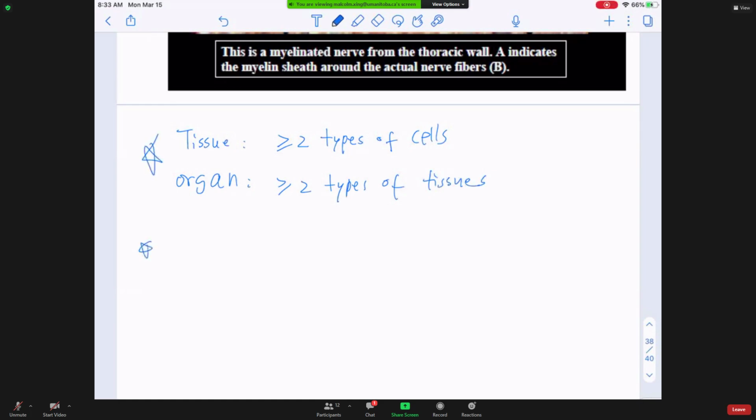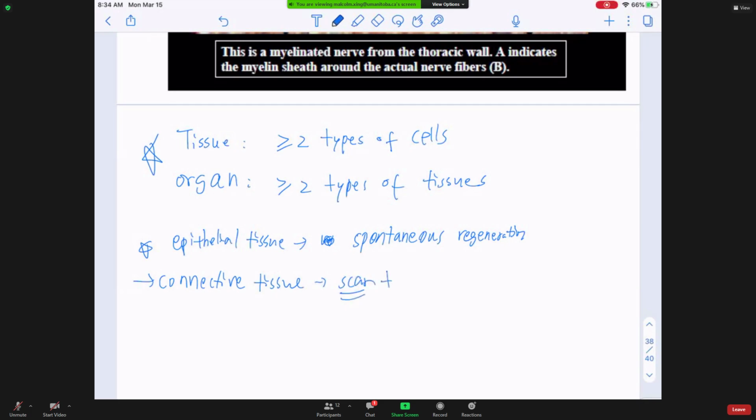And another one: epithelial tissue with spontaneous regeneration, or other connective tissue, for example, where scar tissue will form.